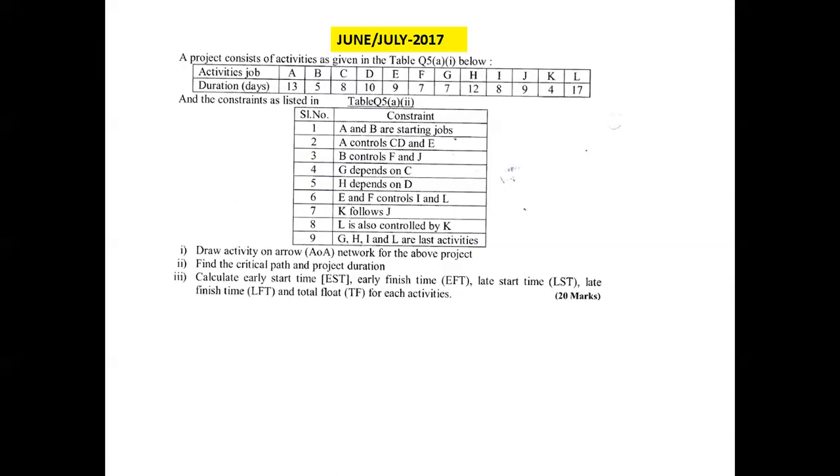Then similarly, B controls F and J. The activities F and J will start only when the activity B is completed.